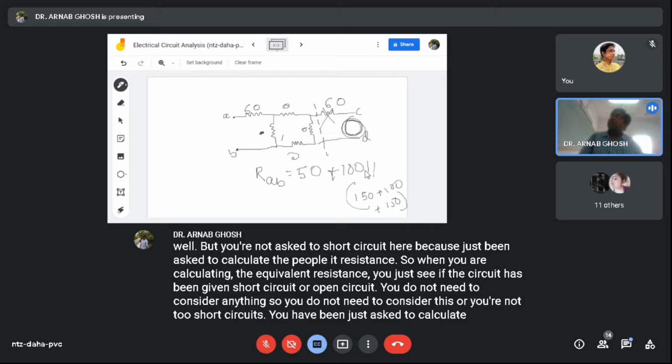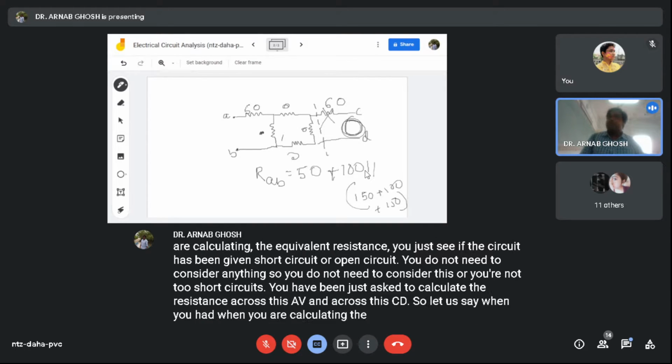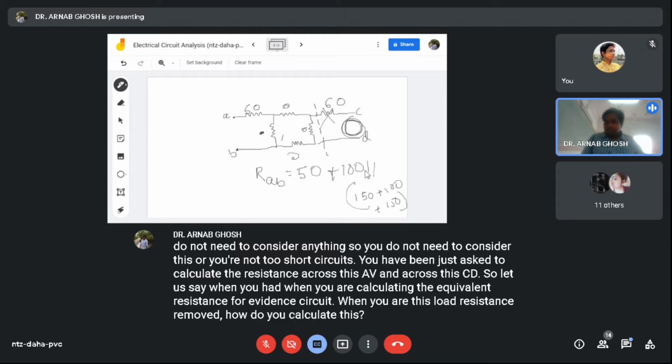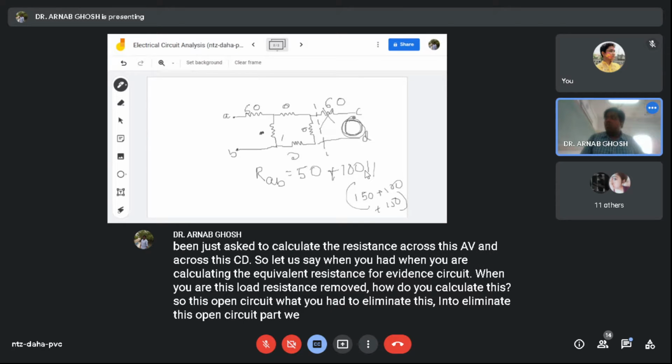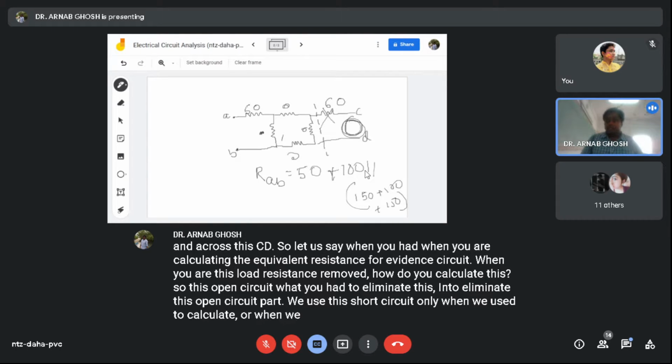When you were calculating the equivalent resistance for Thevenin's circuit, when you had this load resistance, this open circuit part, you had to eliminate this. Didn't we eliminate this open circuit part? We use a short circuit when we calculate the short circuit current in Norton's theorem.